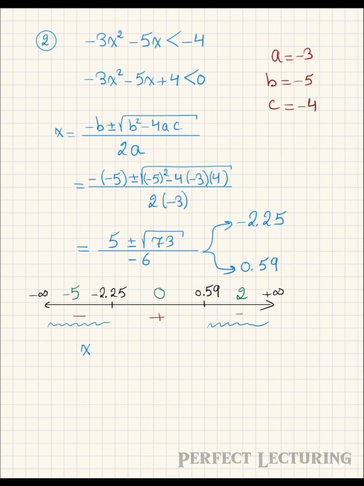Therefore, x belongs, and here we have no equal sign, which means we have to use open intervals. So minus infinity, -2.25. That's for the first region. For the second region, we have 0.59 and plus infinity. So here, x could be either here or here. What did I just say? I said or, so that means a union. And this is the solution for this inequality.